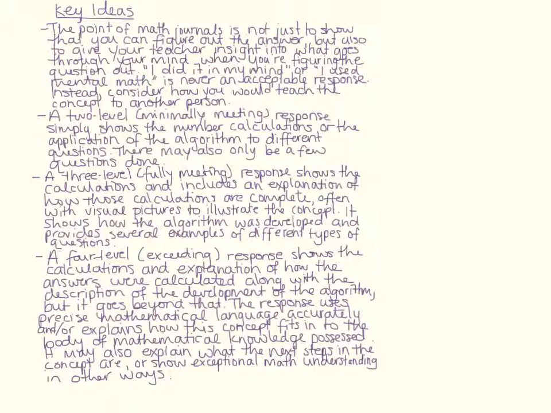A 2-level response just shows the number calculations. A 3-level response shows those calculations, but also includes explanations of how those calculations were made or why they're correct.